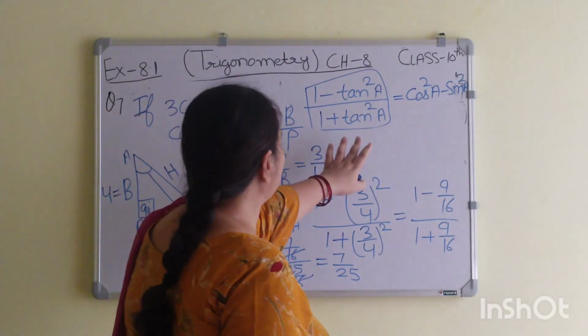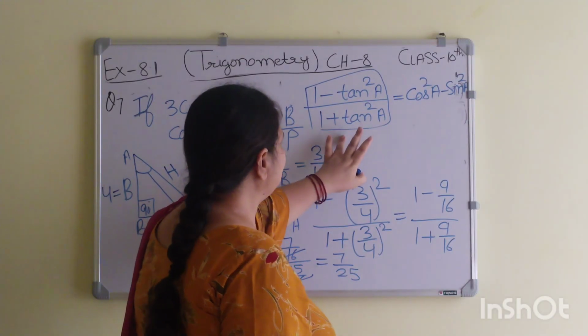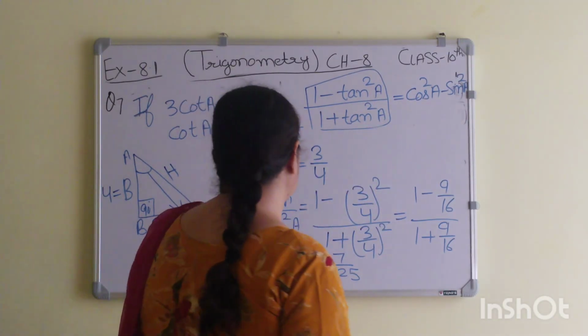So the value of (1 minus tan square A) upon (1 plus tan square A) is 7/25.